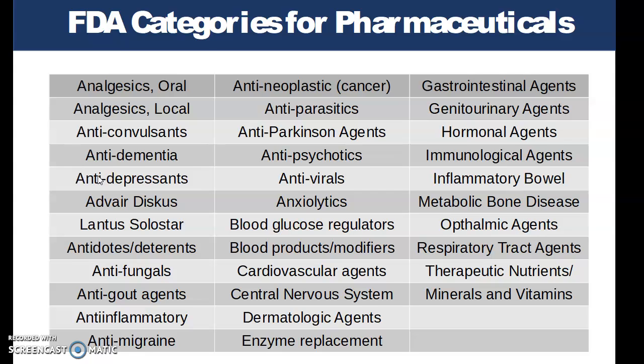Antidepressants. This is your monoamine oxidase inhibitors, your serotonin or norepinephrine reuptake inhibitors, tricyclics. So antidepressants, since 1958 when the first one was introduced, have been a very, very strong area that people have been working in. Just a lot of people don't like to face reality.